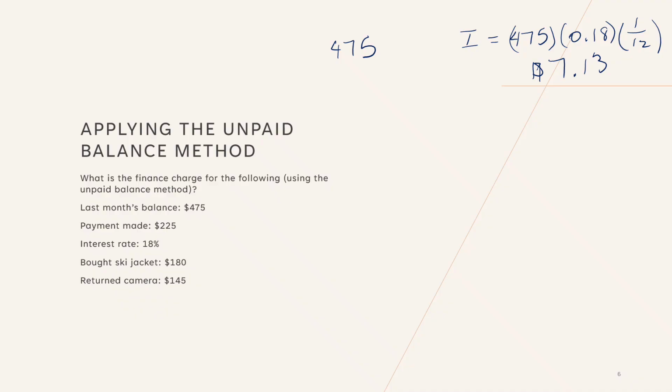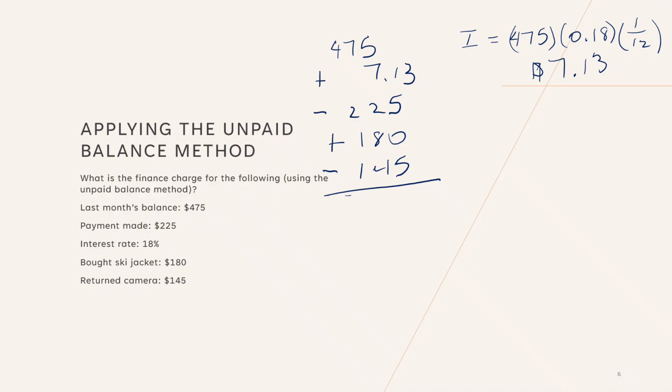So to our 475, we need to add $7.13. We made a payment. Remember, payments subtract. We bought a ski jacket that increases our balance. And we returned something, so that decreases our balance. This is going to give us our unpaid balance for this particular month.